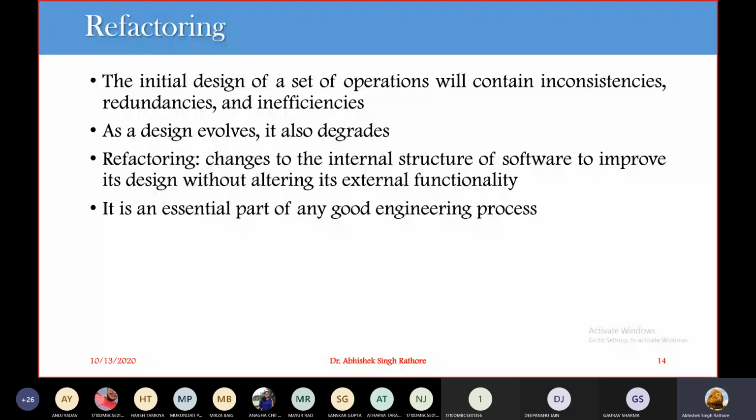When we are in the initial design, your initial design includes a set of operations that contain inconsistency, redundancy, and inefficiency. And this is supposed to be natural because we are in the initial phases, and your operations may be inconsistent, redundant, or inefficient.